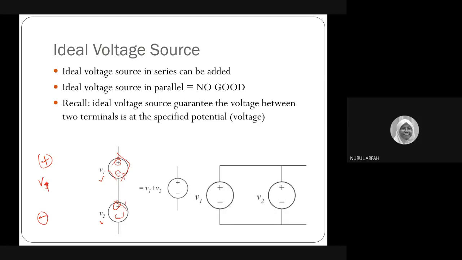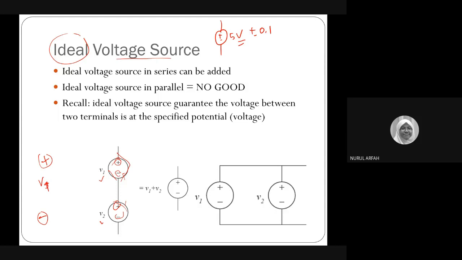So ideally, a voltage source will give you exactly as it is. Like if you have this 5 volt, then it will deliver exactly 5 volt ideally. Okay, but in your real situation, you're going to have like 5 volt plus minus 0.1 or plus minus 0.01.